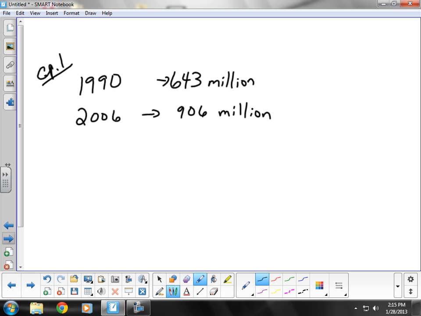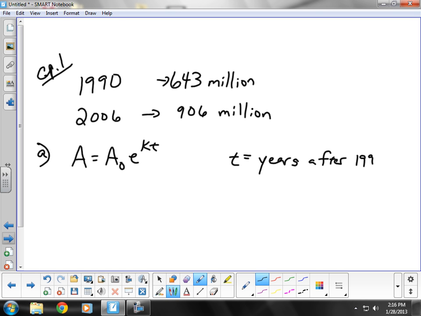Part A says use the exponential growth model, A is equal to A sub 0 times e to the kt power, in which t is the number of years after 1990. So t is the years after 1990. Find the exponential growth function that models this data.